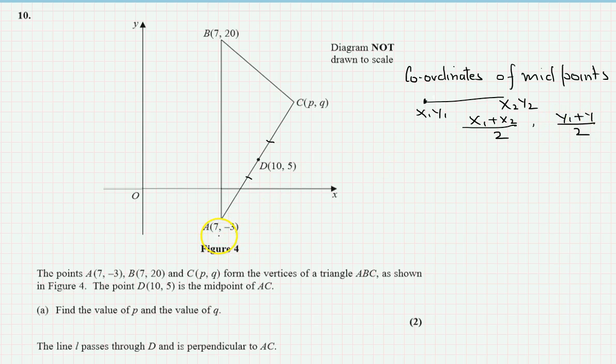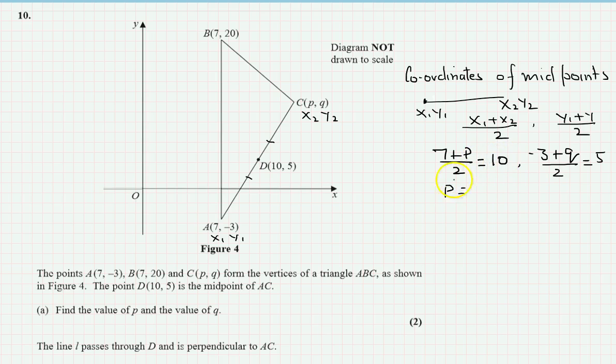So let's assume this is x1, this is y1, and this one is x2, this is y2. So x1 is 7 plus x2 is p, divided by 2 is equal to 10, and y1 is minus 3 plus y2 is q, divided by 2 is equal to 5.